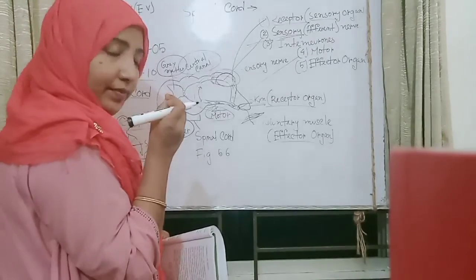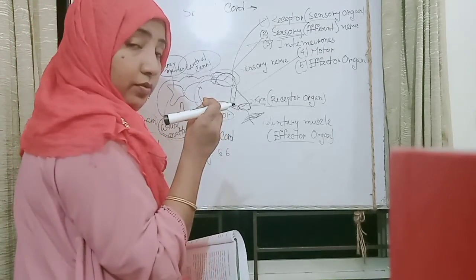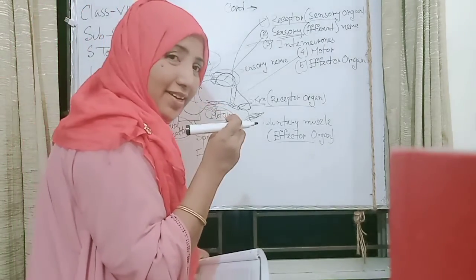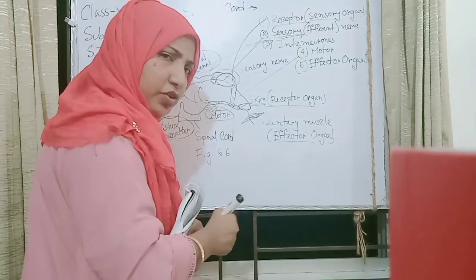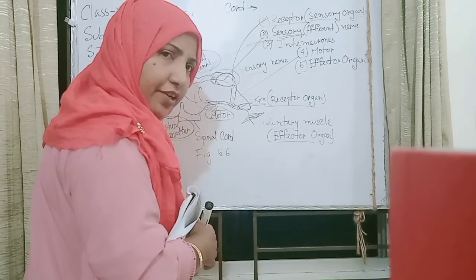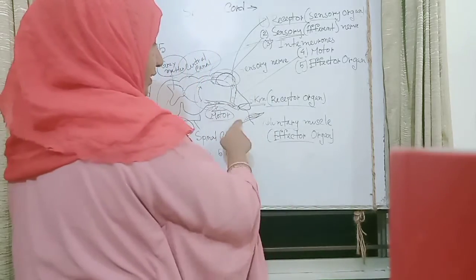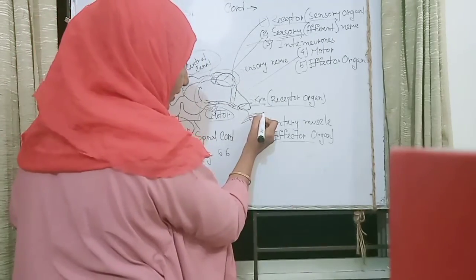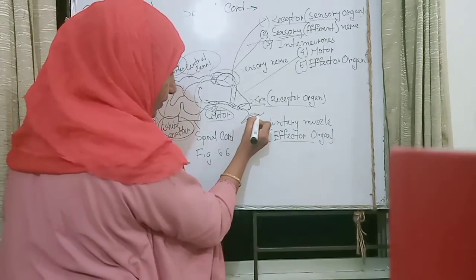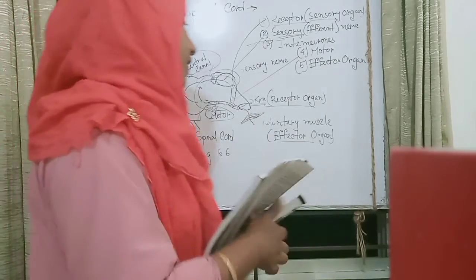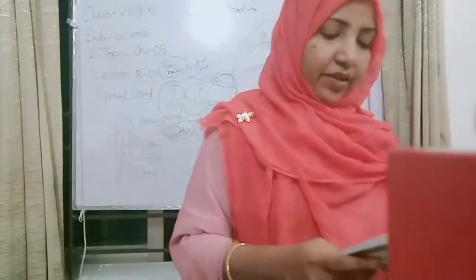muscles. Voluntary muscles, my dear students, have you any idea? In class 7, we explained involuntary muscles, cardiac muscles, and voluntary muscles. This structure is the muscles I have just drawn. It is the voluntary muscles or the effector organ. Now, explanation.